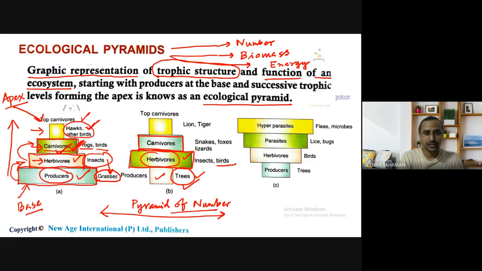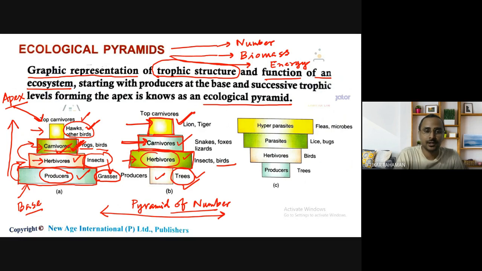So the shape of the other thing, the top carnivore is the same, that this is lesser than carnivores, simple carnivores. Okay, so if this is primary consumer, if this is secondary consumer, if this is tertiary consumer. So number of primary consumer is more than producer.